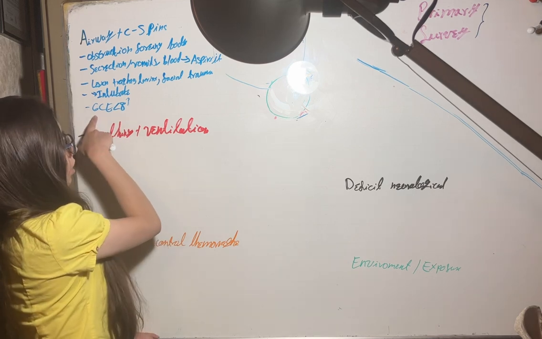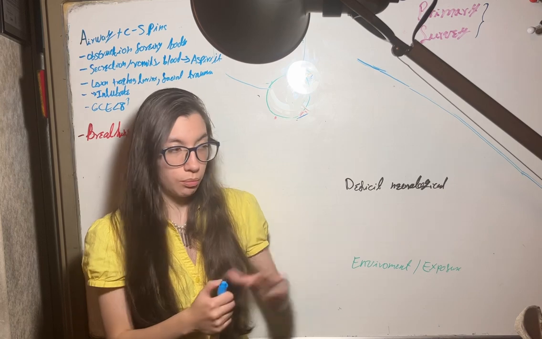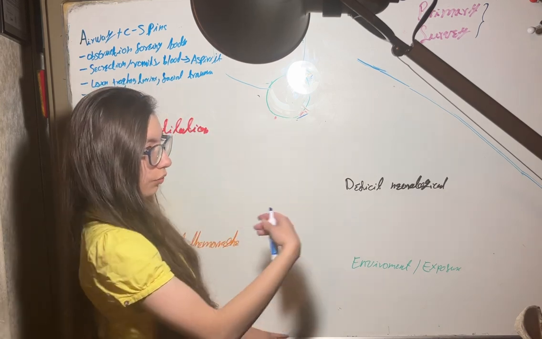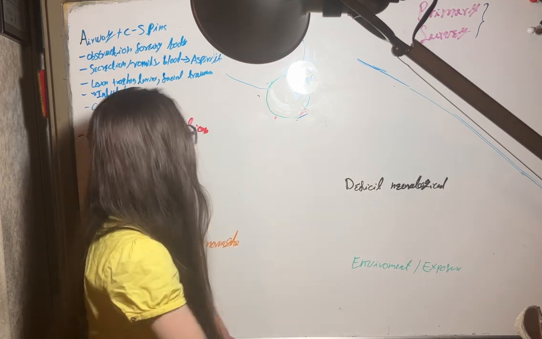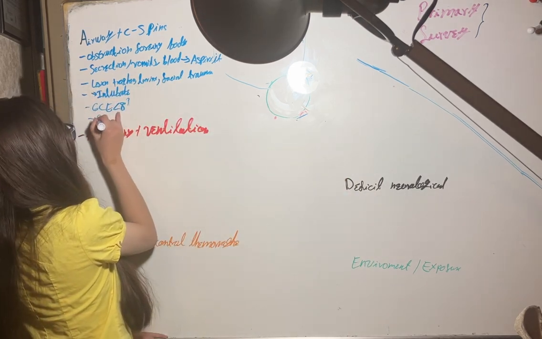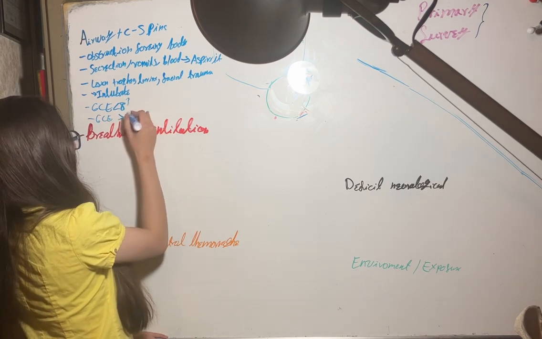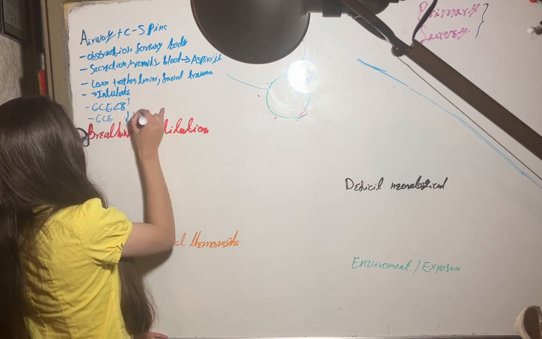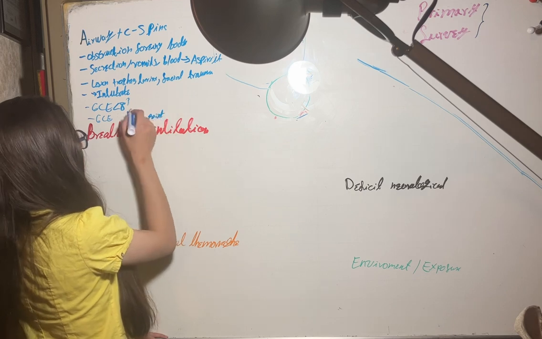Or maybe the Glasgow Coma scale is not 8 or below 8, maybe it's greater than 8, but in the presence of the clinician that is examining the patient, the Glasgow Coma scale drops or deteriorates by more than 2 points, then the patient should be intubated.